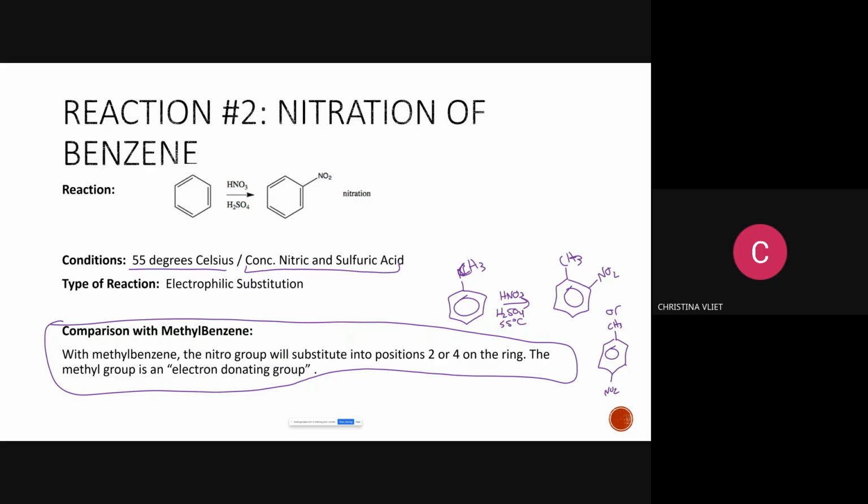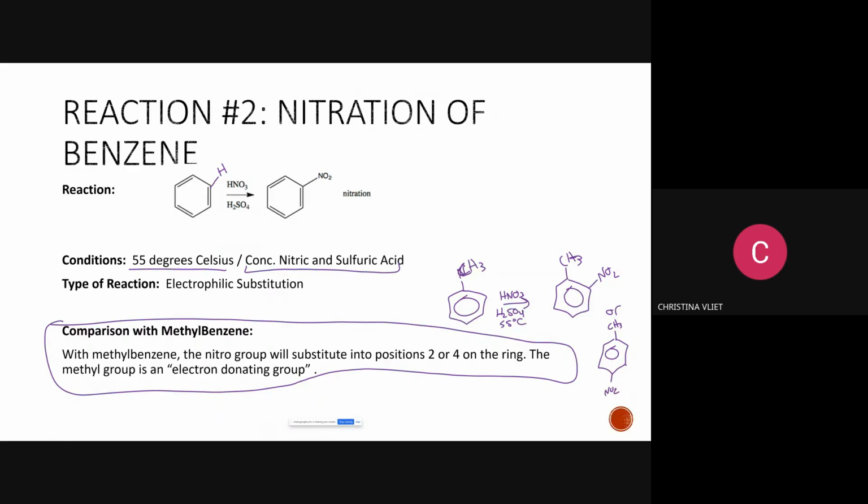Either to the 2 or the 4 position. And then we'll see exactly how that works because we want to see the mechanism for this too. And so this reaction is another one that goes on flashcards. It is a substitution where you are substituting out a hydrogen for an NO2. So everything we're doing today is electrophilic substitution, except for some of the random side reactions.